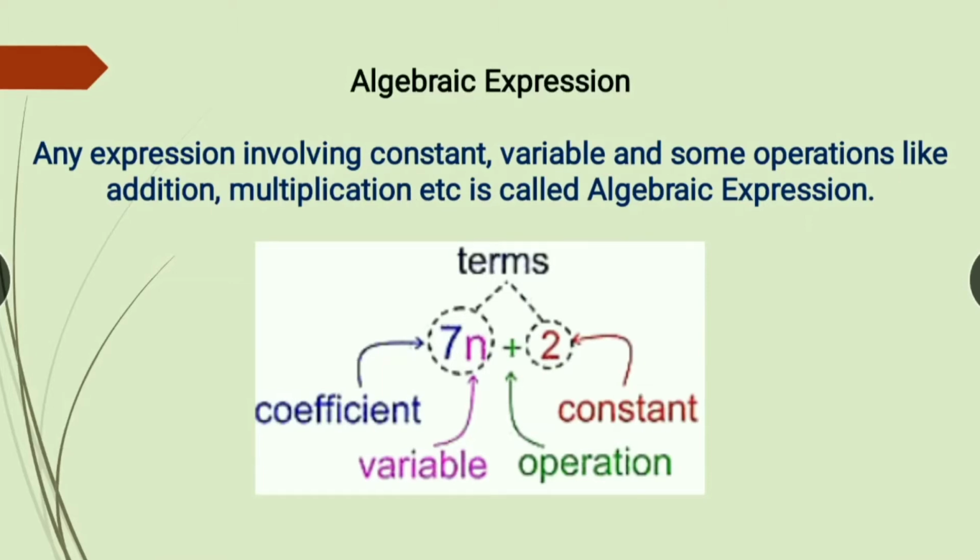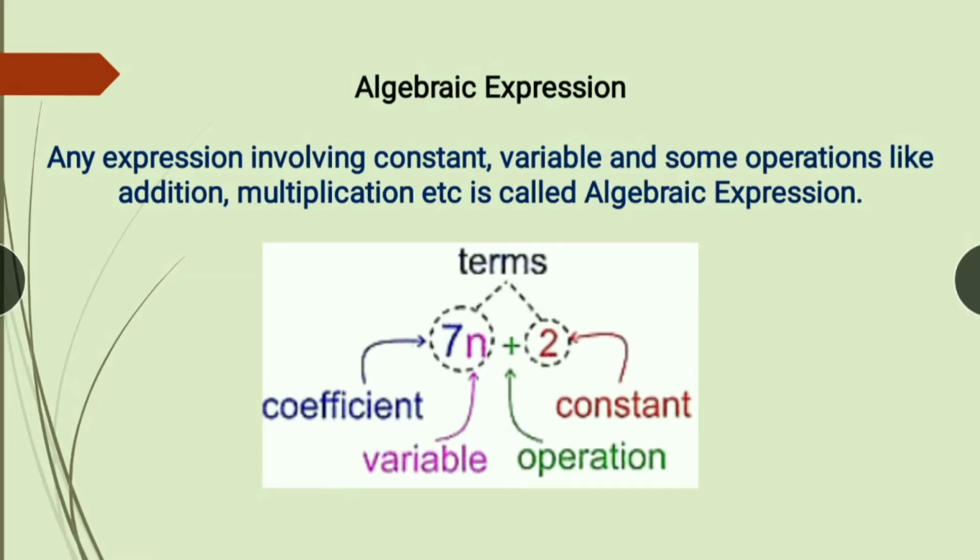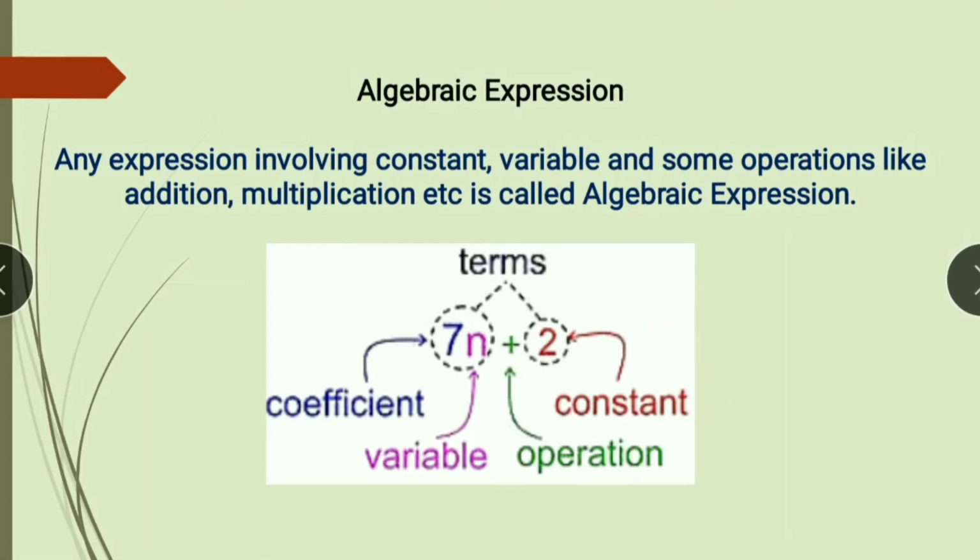Therefore, a variable does not have a fixed value and it is denoted by small alphabets like x, y, z, a, b, c, etc. And what is constant? See, here the value of 2 is fixed, so it is called constant. So the numbers like 1, 2, 3, 7, 8, 9, etc. are called constants.